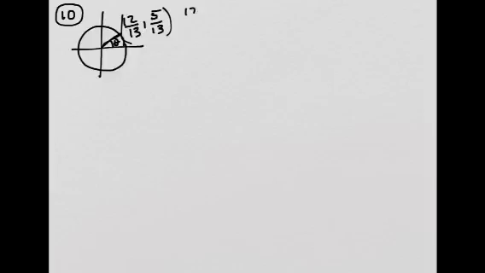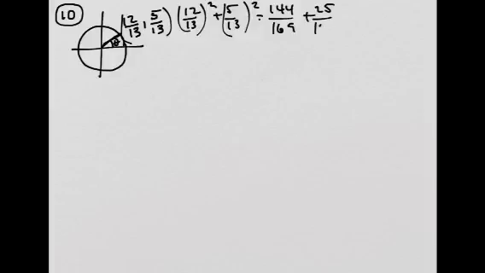So watch. 12/13 squared plus 5/13 squared is 144 over 169 plus 25 over 169, and so that gives you 169 over 169, which is 1. So that means the radius is 1. So you know that point is on a unit circle. It's not a special angle, but that's okay, it's on the unit circle.